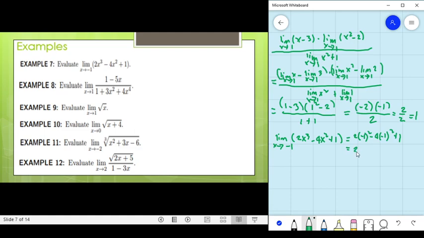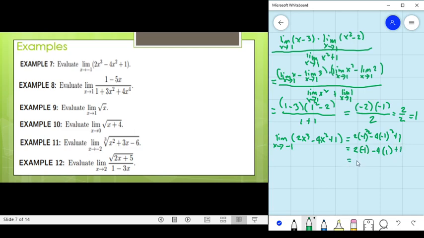That is equal to 2 times -1 cubed, which is -1, times 4 times 1, since -1 squared is 1, then plus 1.